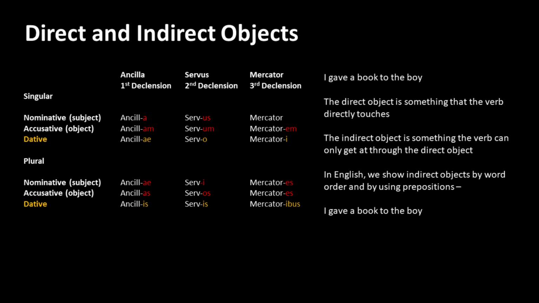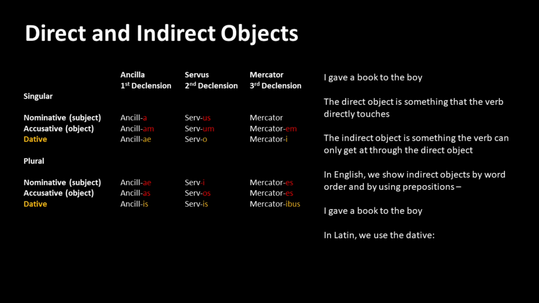There is the same distinction in Latin between direct and indirect objects, but this is a distinction shown not by word order or prepositions. It's shown in Latin, for whatever reason, by using the dative case for the indirect object.